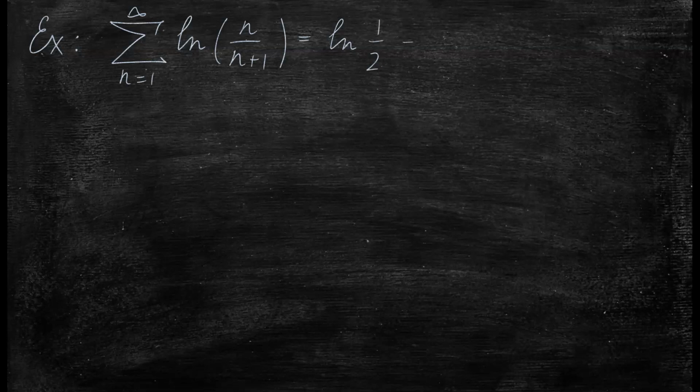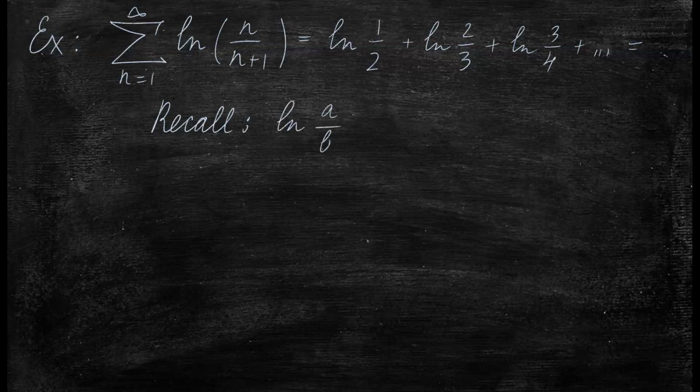We have ln of 1/2 plus ln of 2/3 plus ln of 3/4, etc. How exactly is it going to telescope? Well, recall the property of logs. In fact, recall that ln of a over b is the same as ln of a minus ln of b. So what does that mean?